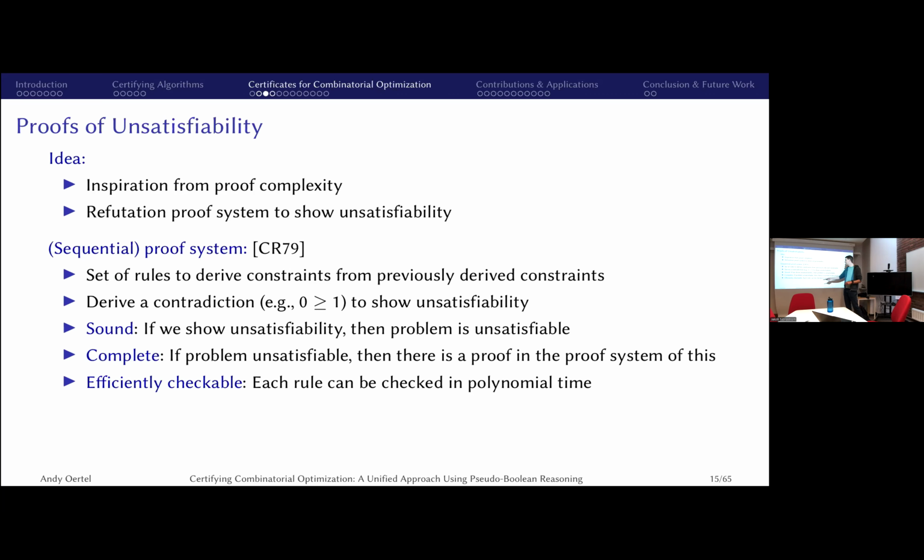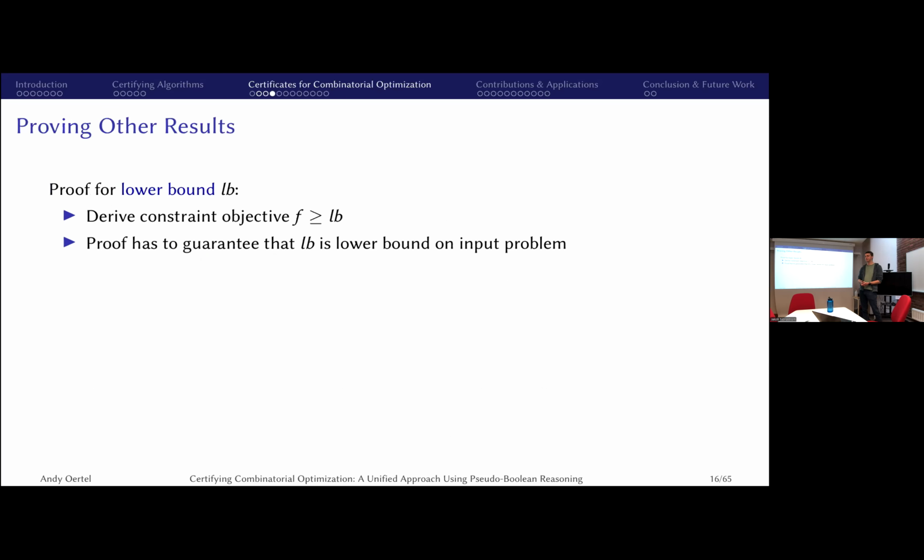And the constraints that we will use for our proof system are, of course, the pseudo-Boolean constraints. But then what about other results, like proving a lower bound? Before, we wanted to show a contradiction to show unsatisfiability. But we could also show that the objective is at least the lower bound.